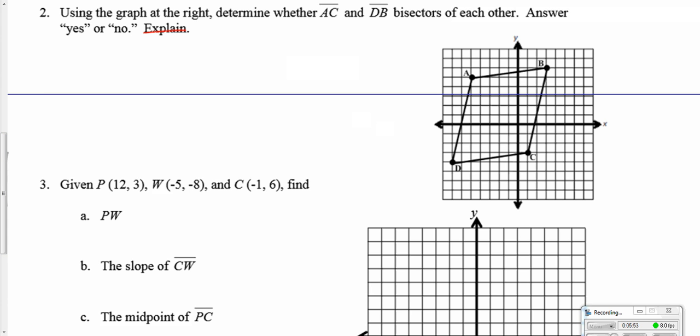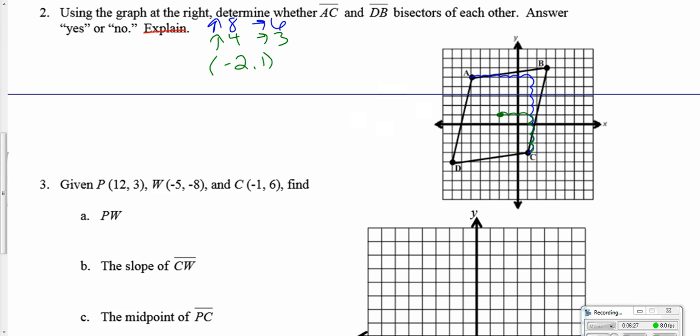So I'm going to do AC first. So to get from A to C, I had to go up 1, 2, 3, 4, 5, 6, 7, 8, over 1, 2, 3, 4, 5, 6. So for my midpoint then, I had to go up 4 over 3 from point C. So there's my midpoint of AC. And just so we have a numerical reference, this is the point -2, 1.